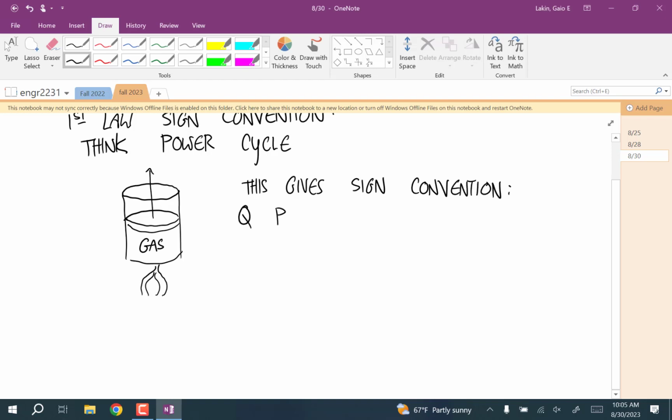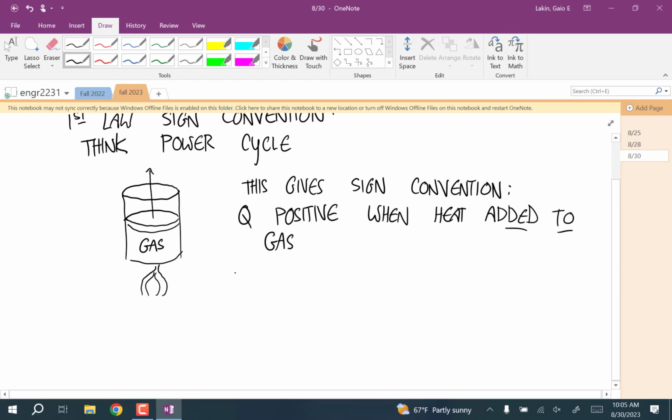Q is positive when heat is added to the gas. And W is positive when work is done by the gas on the surroundings.